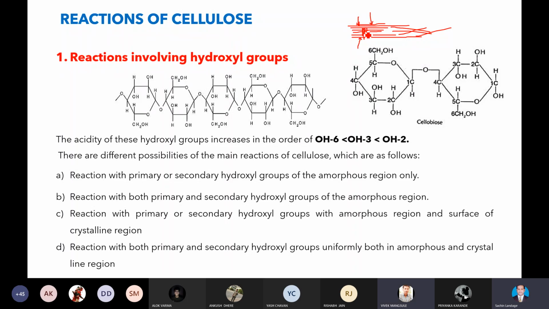Is the point clear? Yes, sir. And next is the reaction of both primary and secondary hydroxyl groups uniformly, both in the amorphous and the crystalline region. So these are the four different types of reactions which are possible.